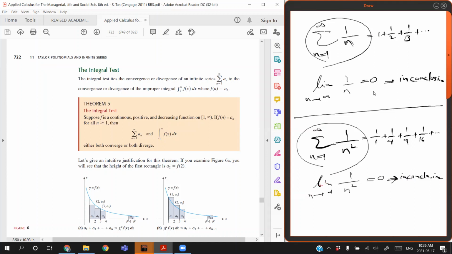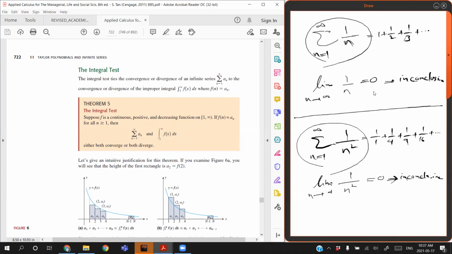So is everything clear about the test for divergence? This should be the first test that you always use, because it's a very easy test. You just take the limit of an. If you're lucky, that limit is not 0 or that limit does not exist. Then the test works. You would say that this series is divergent.